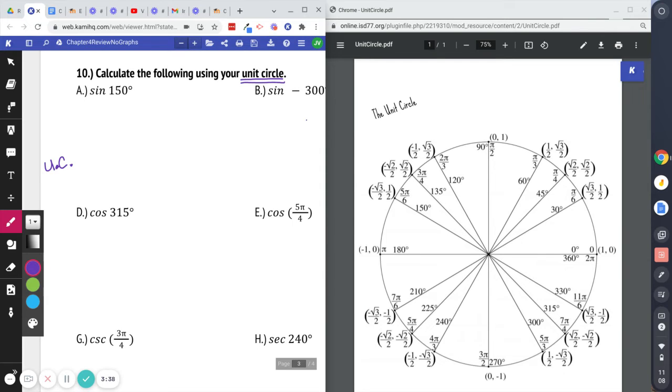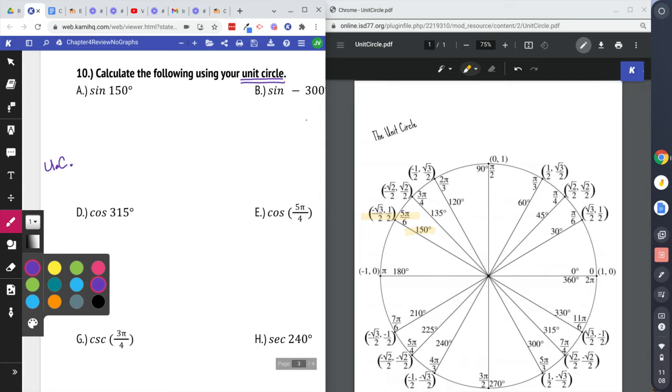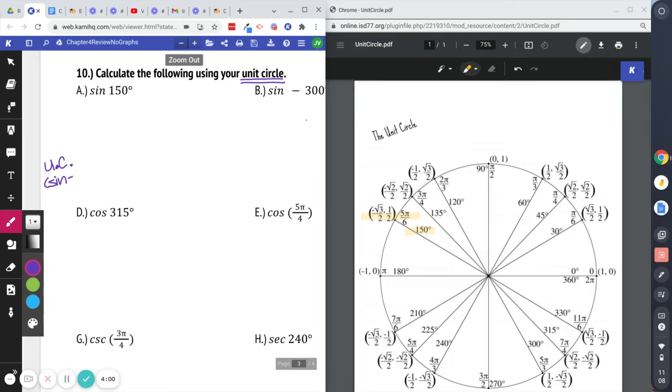So 150 is in that Q2, and it's got an ordered pair of negative root 3 over 2 and 1/2. So here's 150. I won't do this for all of them, but there's 150. And if you remember, in the unit circle, let's write it like an ordered pair.